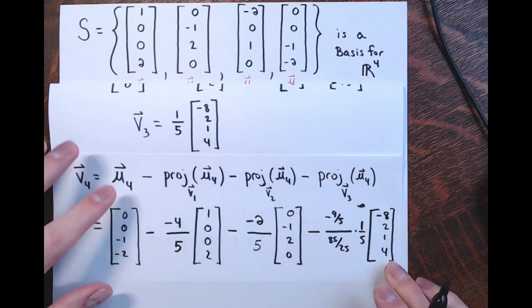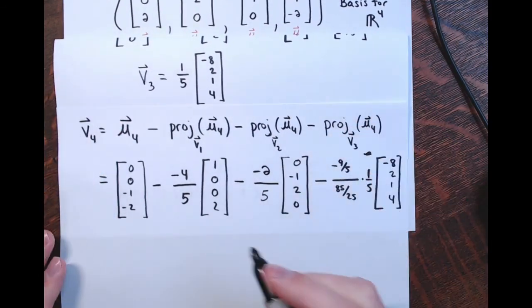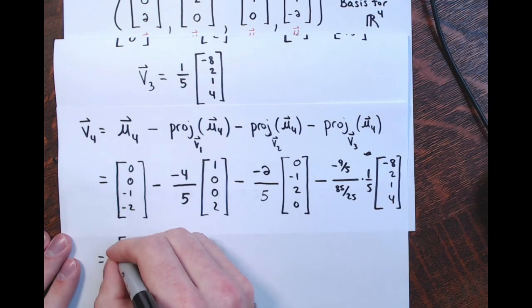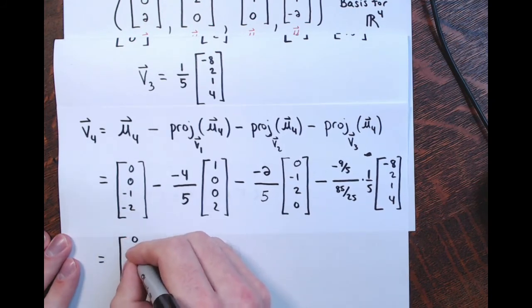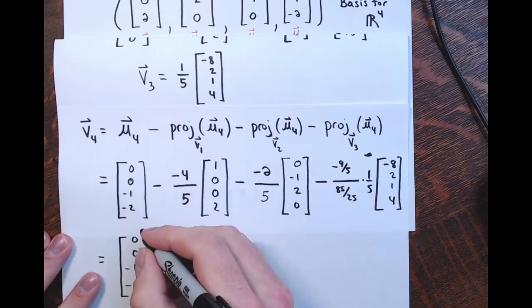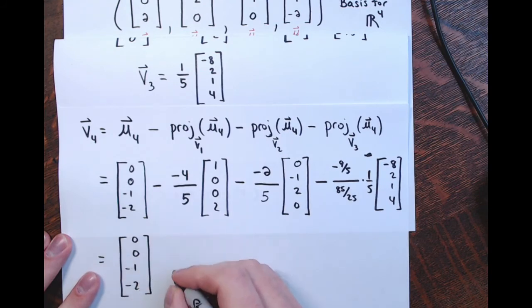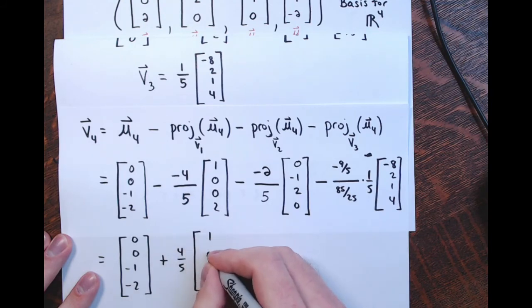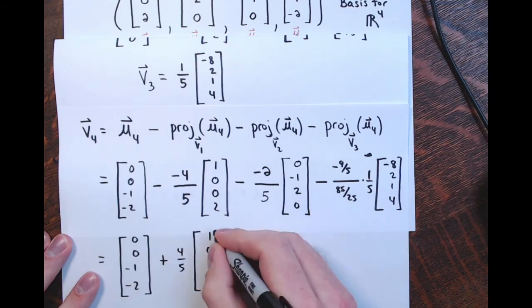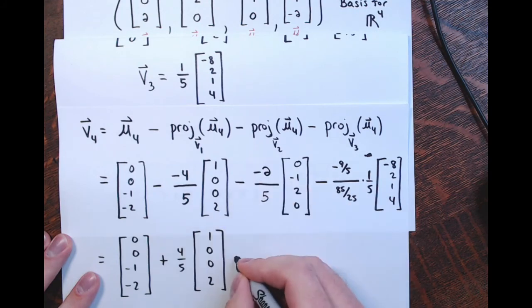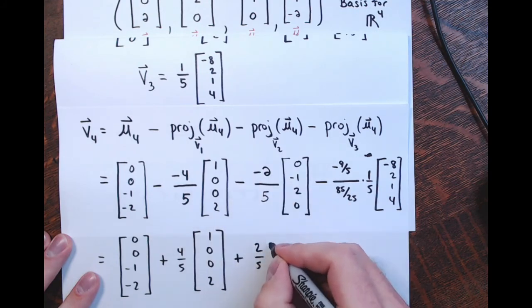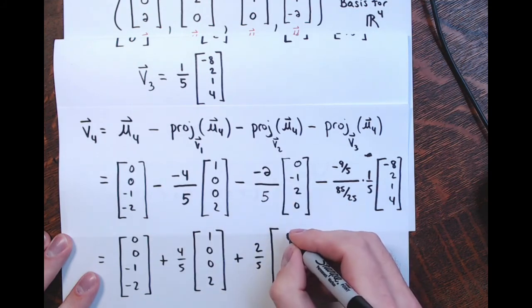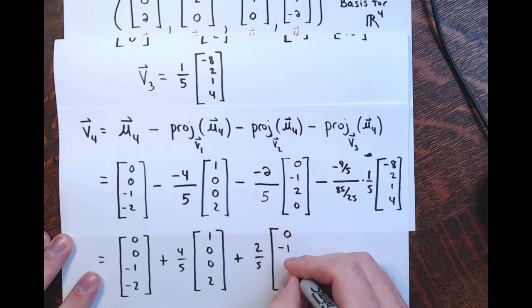All right, now I'm going to clean this up a bit. So we have 0, 0, -1, -2, plus 4/5 times 1, 0, 0, 2, plus 2/5 times 0, -1, 2, 0.